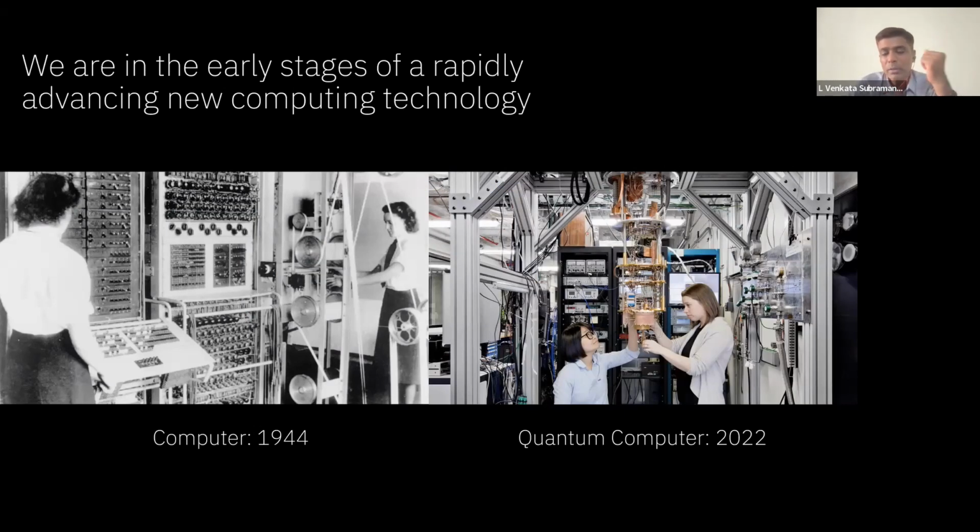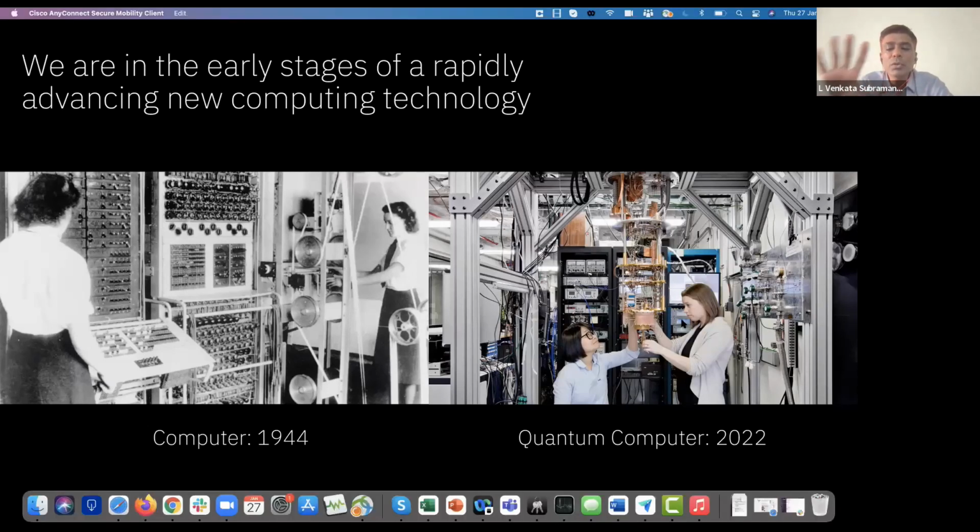We would go in in a clean way. The room would have AC, and you would have to protect your floppy disks and other things. And today we go with our laptops anywhere, right? But quantum computers are at that initial stage today.